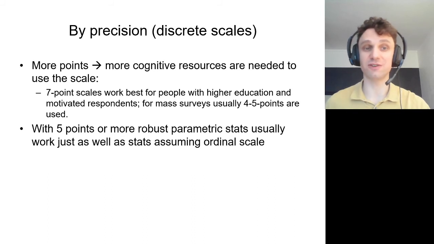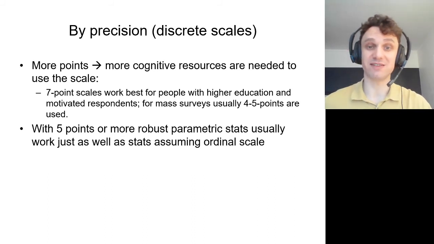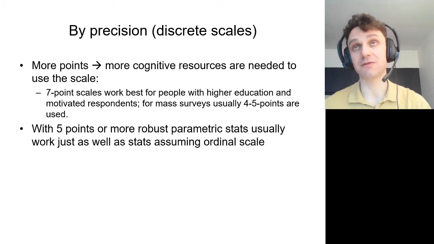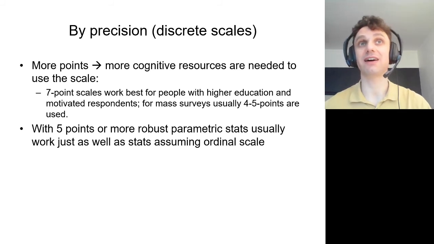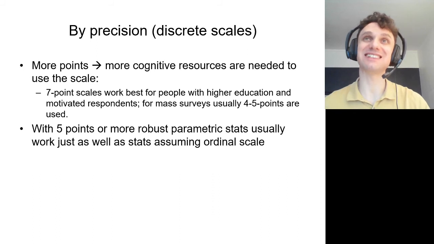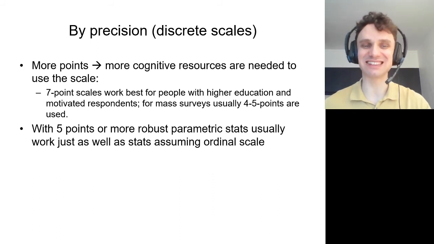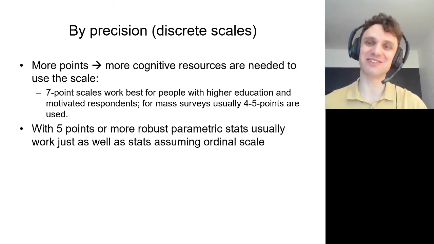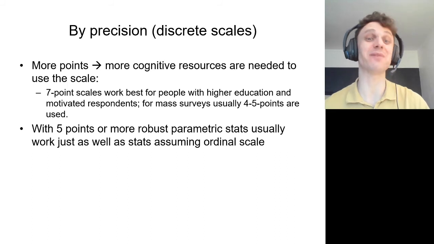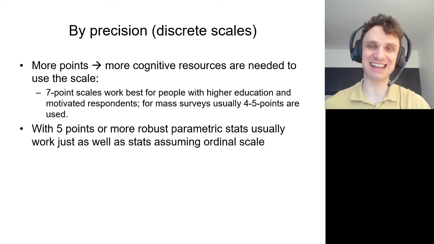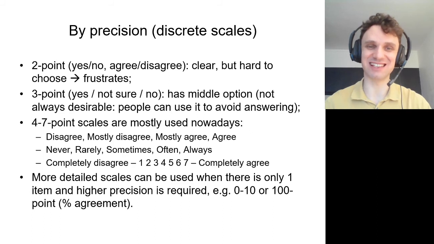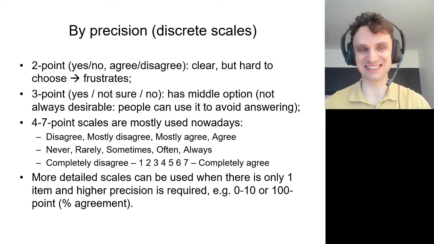Another reason to use 5 to 7 point scales is that if you have a 5, 6, or 7 point scale, even if this scale is kind of ordinal, assuming that it is interval does not distort your statistics very much. Because technically, a scale like disagree, mostly disagree, mostly agree, agree is of course ordinal.